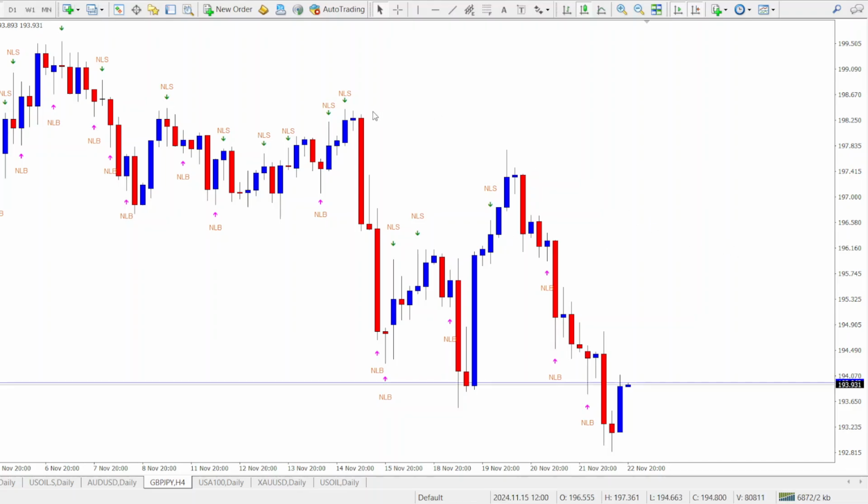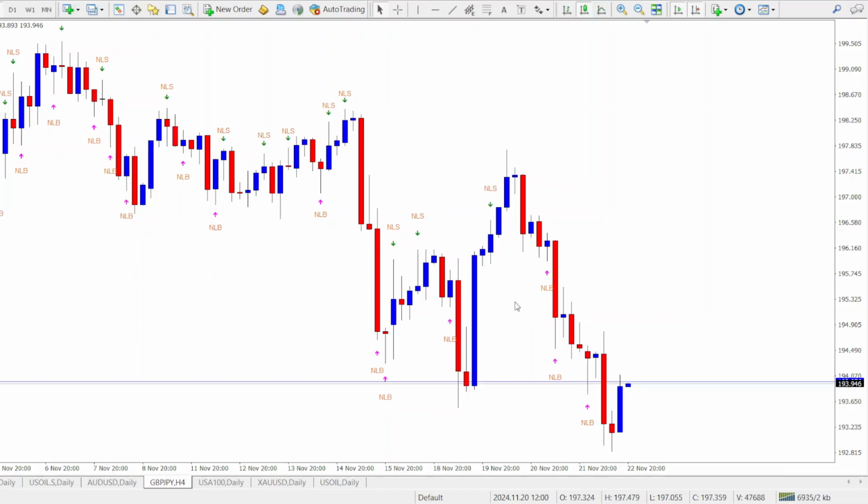Whenever the downward arrow above the candlesticks appears, it's a sell signal. Then when the upward arrow below the candlestick appears, it's a buy signal.